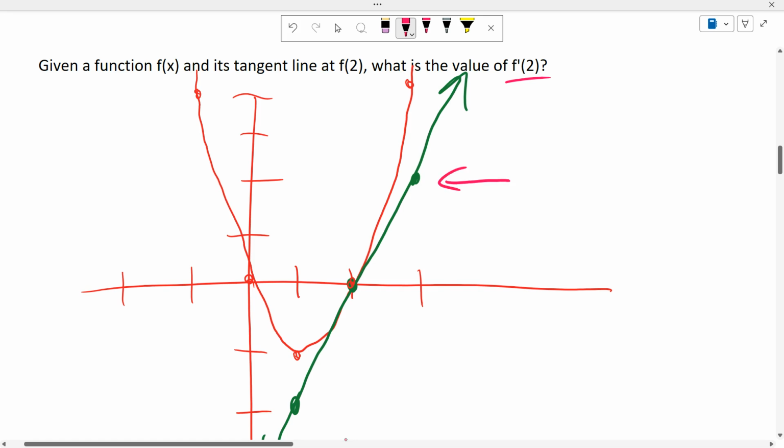The slope of this line. Given the function and its tangent line at f of 2, the slope is 2.